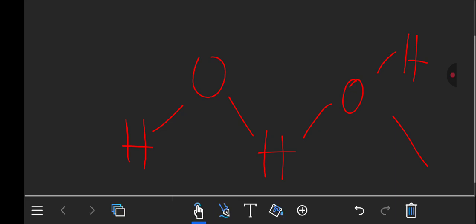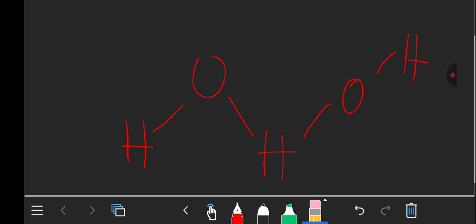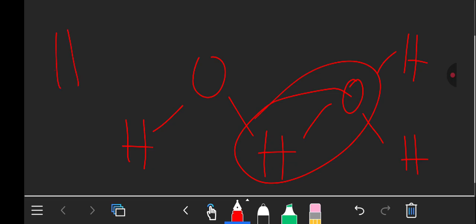Now let's look at the bonds which hold, if you have a water molecule here and another water molecule there. Let's look at the bond between these two water molecules. The bond between different water molecules is what is known as hydrogen bond.